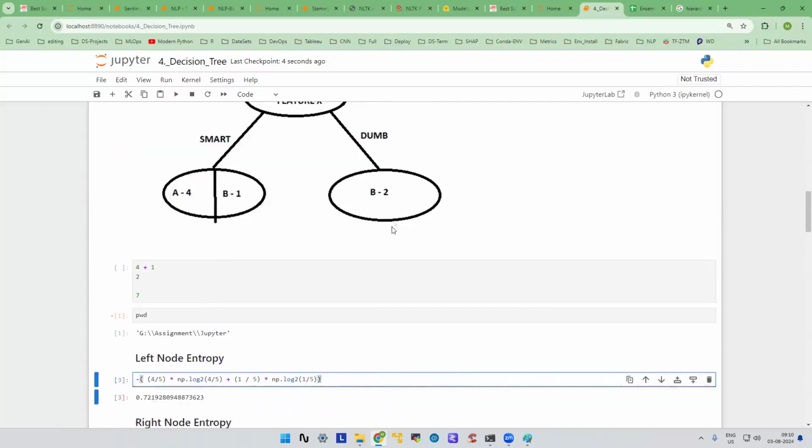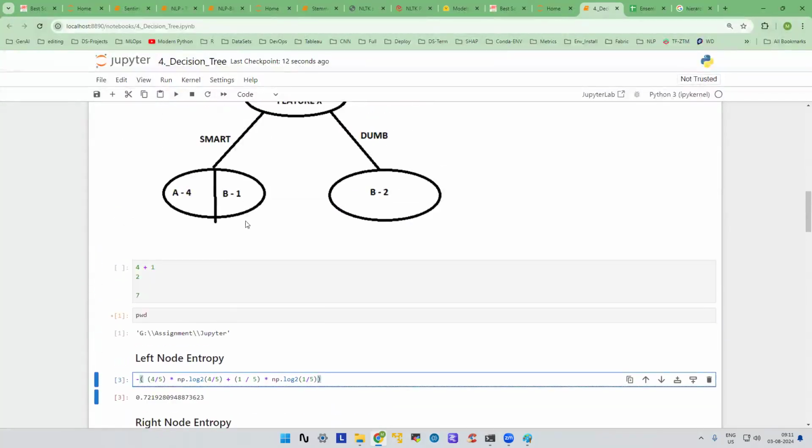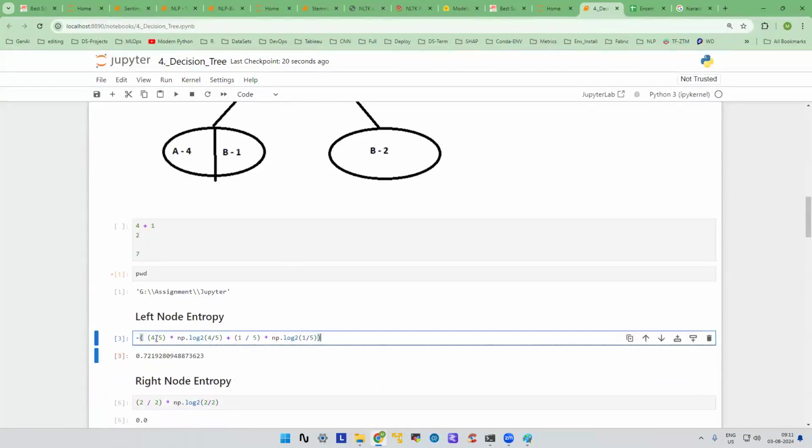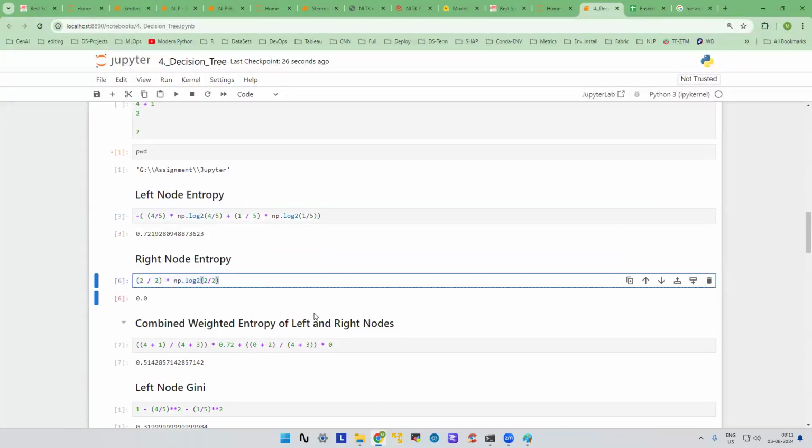Next one is, we calculated the left node, now we need to calculate the right node. Right node is much simpler, right? Because A is 0, the same formula, 0 by 2. I have not written 0 by 2, I went straight to this one.